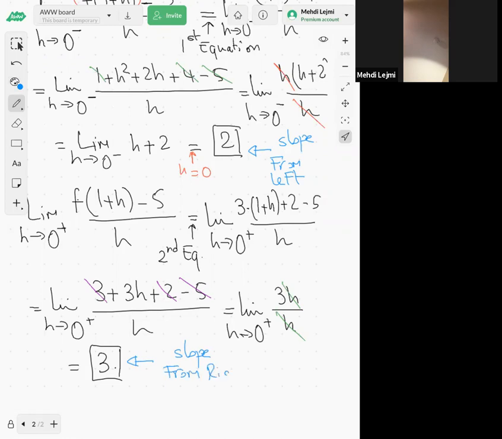So this is when h goes to 0 plus. So the slope from the left is positive 2. The slope from the right side is positive 3. So then the slope from both sides does not exist.